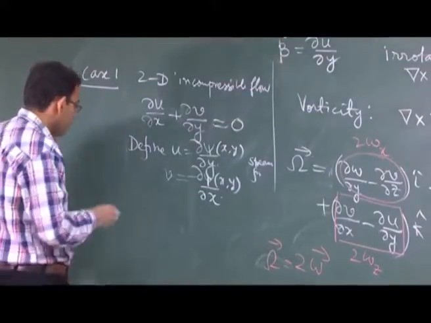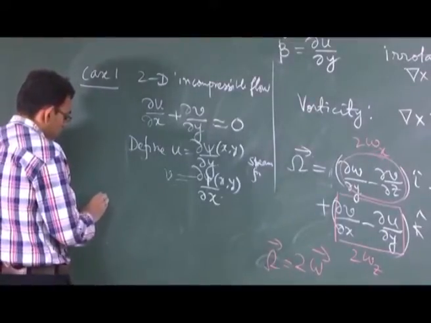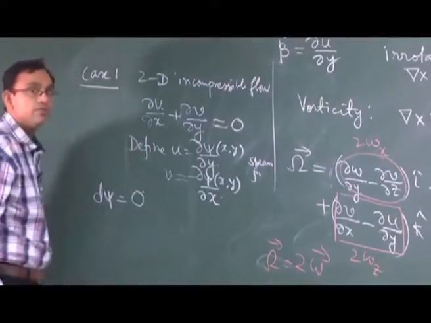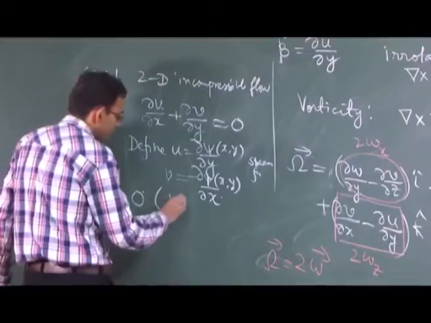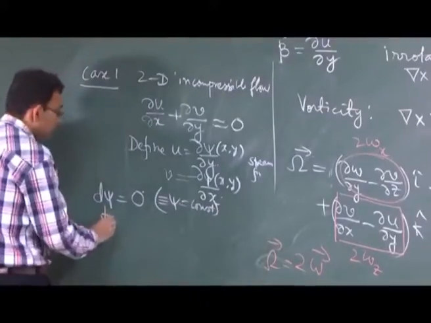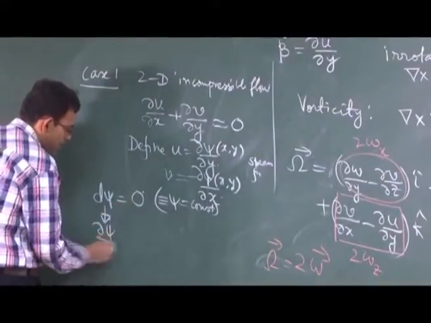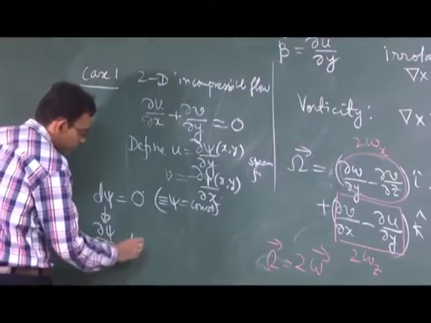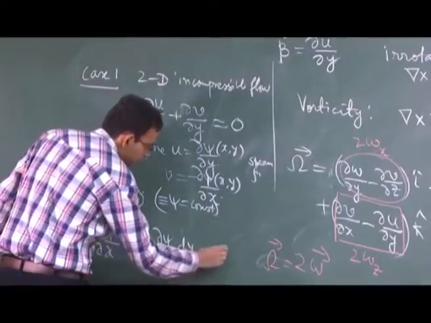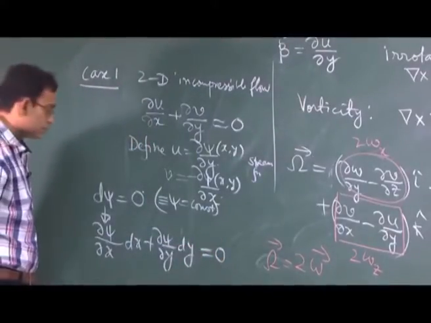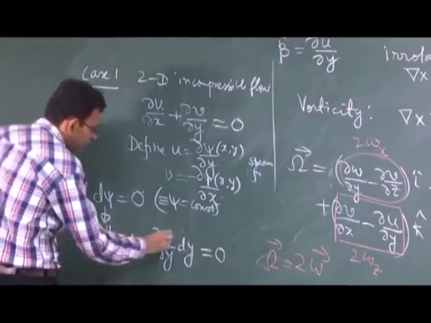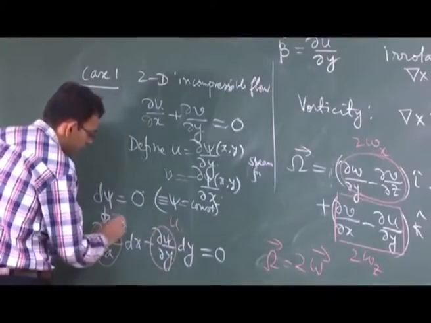So, you find out the condition of d psi equal to 0, or psi equal to constant. So, d psi is a function of x and y. By the rule of partial derivatives, and now you see the definition, u is equal to del psi del y and v is equal to minus del psi del x.